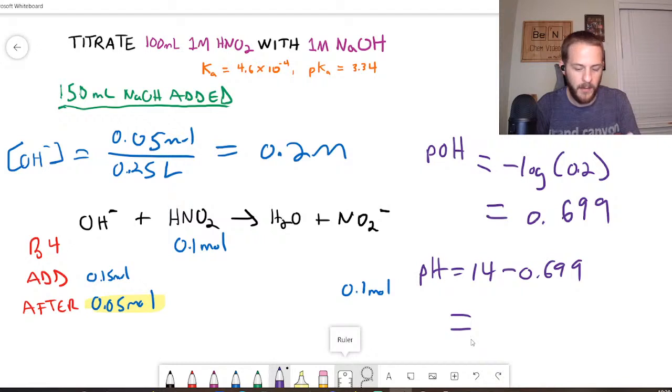So 14 minus 0.699. I'll just do this to 2 decimal places. Ended up getting 13.30.